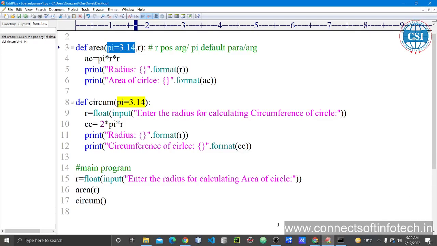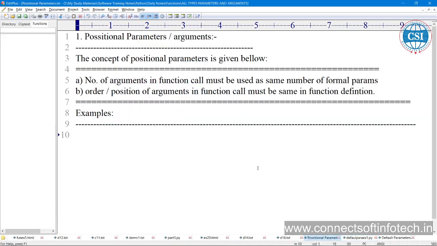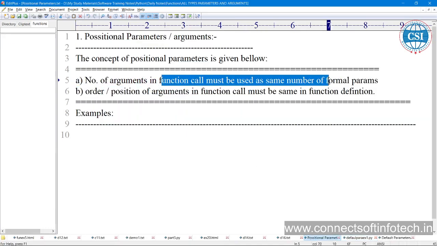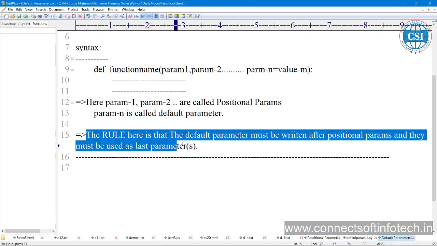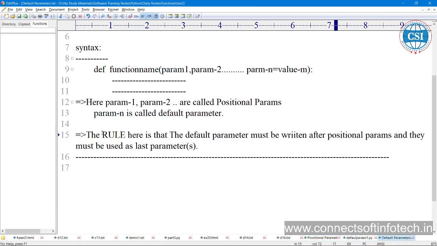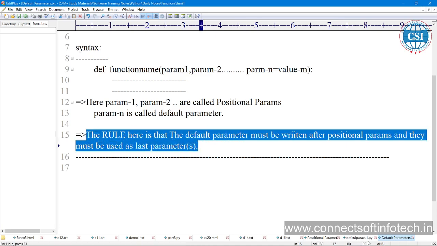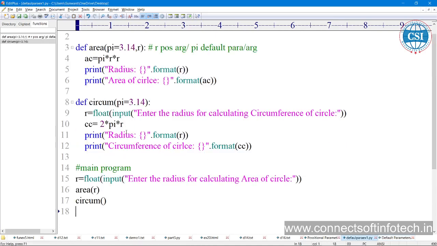Okay, so here we can see the number of arguments in the function call must be the same as the number of formal parameters. That is the positional parameters, and you can see here the default parameter. The rule is that default parameter must be written after the positional parameter. So this is very important. We can't write it this way, so I'm removing this one.